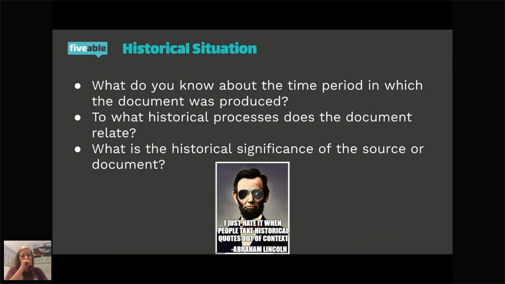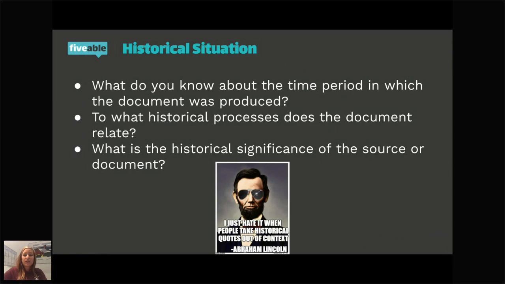Is it telling us a historical process? Is it demonstrating something that's historically relevant, like imperialism? And then we can also look at if there is any historical significance of the source or the document. We can connect it to time periods before and after as well, just like you've learned with contextualization.